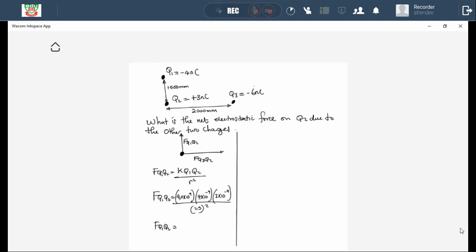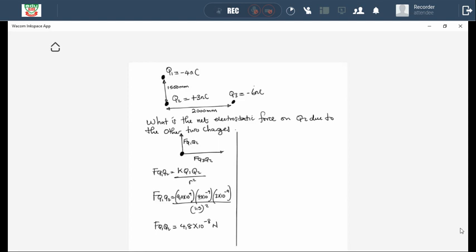I close, right? Then on the distance I open, it's 1.5. I close, I square, and that gives me 4.8 times 10 to the power minus 8 newtons, right?